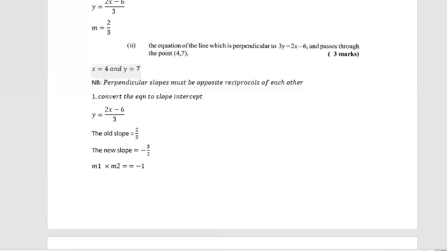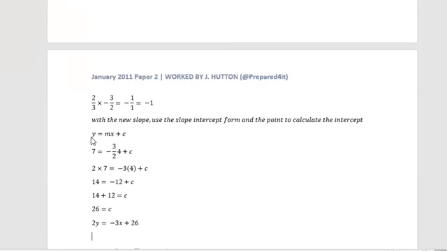This will be on your exam paper: the new slope is -3/2, and after you do that, you're just inputting that into your regular equation for a straight line. So you have your gradient, which is negative 3 over 2, y is 7, x is 4 as given, and you're just solving for what c would have been. We solve for c to get 26, and we rewrite our equation to mirror what our perpendicular line would have been.